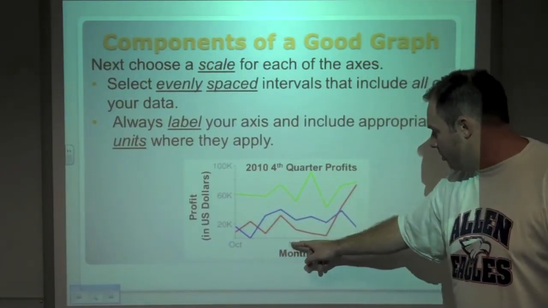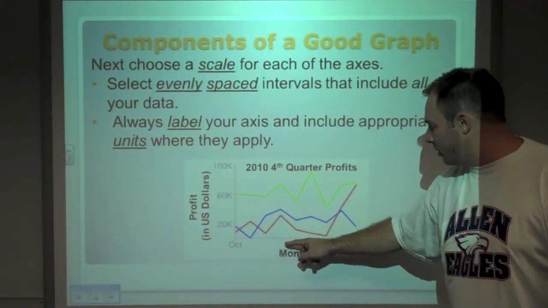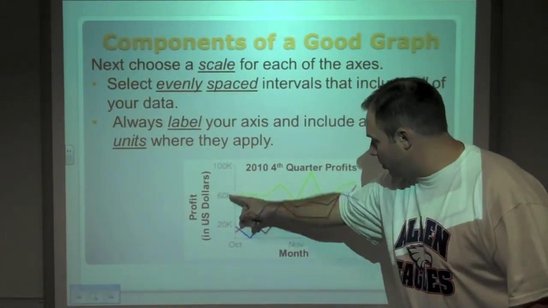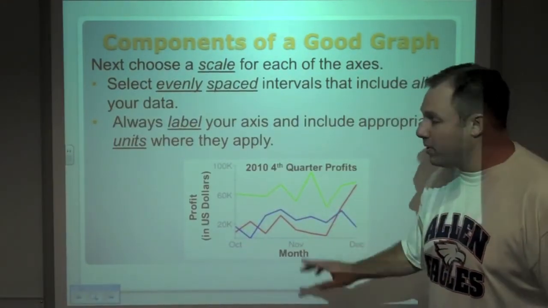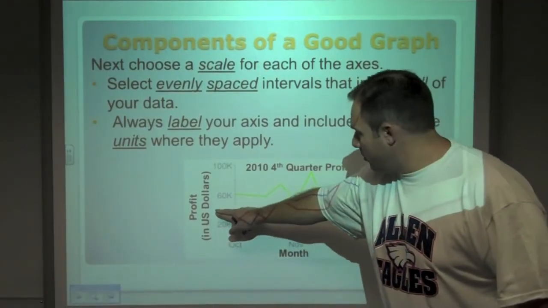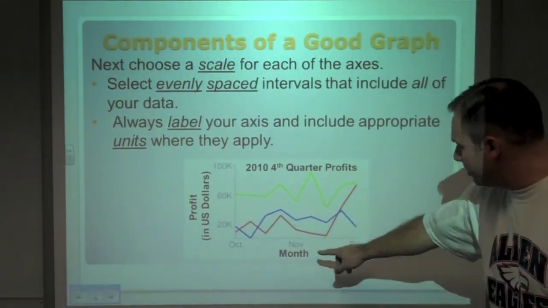And here is our other scale, the time periods that we're representing on this particular axis. So we have the scale, which are this part and this part, and then we also have labels for that scale. Right here, profits in dollars, months.